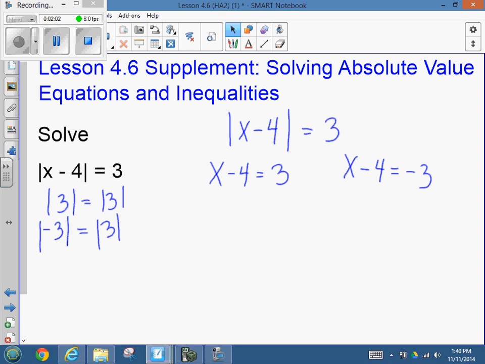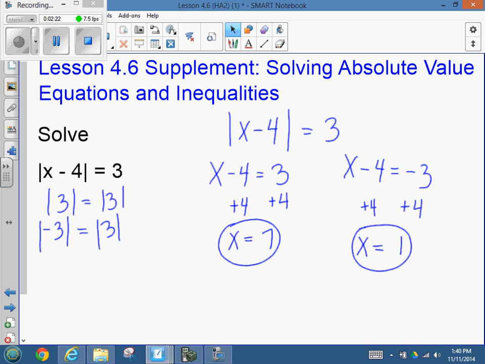And so from here, we're going to solve each equation out separately. My first solution will be x equals 7. It'll be the same process. I'll be adding 4 to both sides just like I did on the left, except this time I'm going to get a different answer, x equals 1. And that's it. That's how you are going to undo an absolute value.